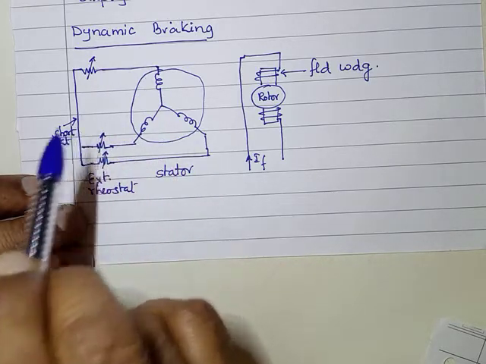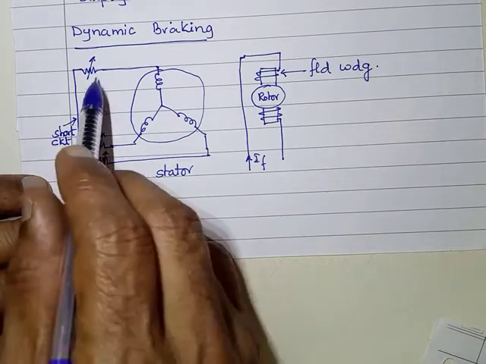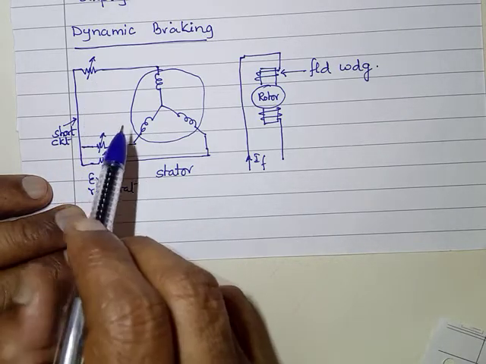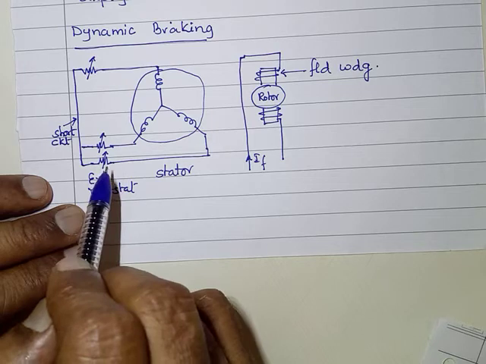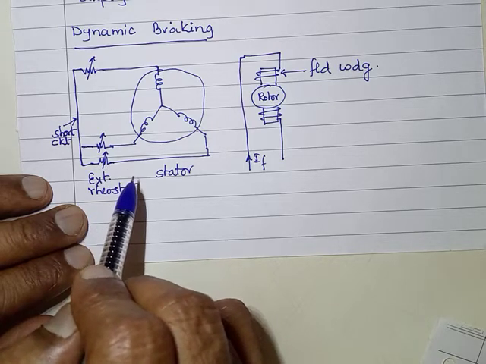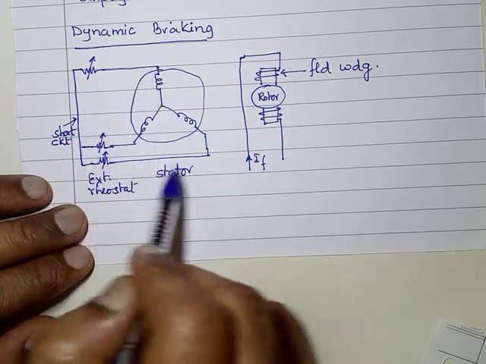So we can have two things here with the help of these external rheostats. One is the rate of braking, the second one is the magnitude of the stator current can be controlled.